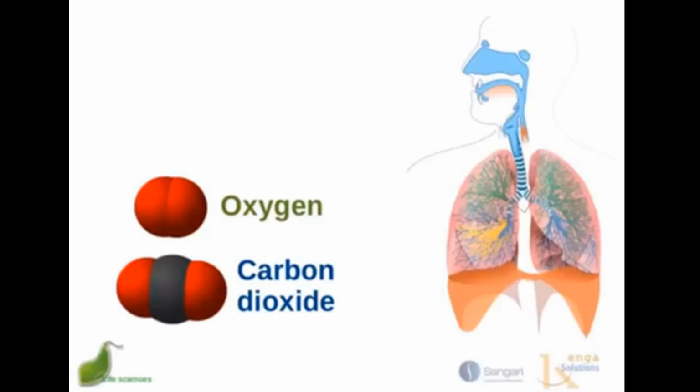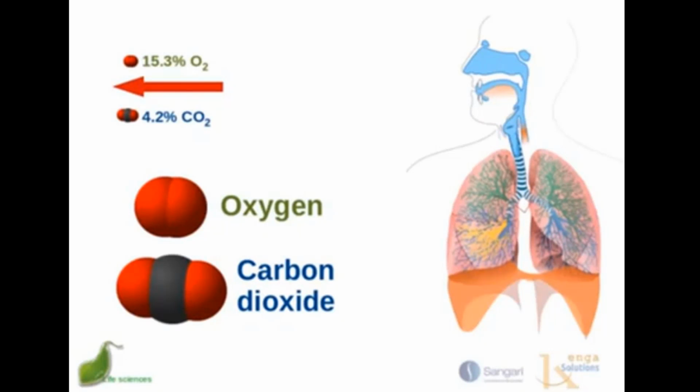And of course, the lungs are the major role player here. Now, when we breathe in normal air, it's about 21% oxygen, and there's a tiny little bit of carbon dioxide in there, about 0.04%. When we breathe out, it's a gas mixture that contains about 15% oxygen and just over 4% carbon dioxide.